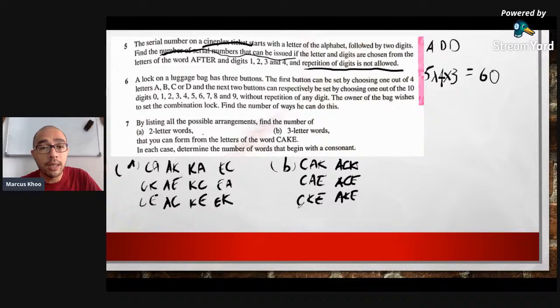Wow, every arrangement is different, right? So this will be C-K-A, C-E-A, C-E-K. Kan? Lebih banyak lagi because C-A-K and C-K-A are 2 different arrangements. So a lot more. Wow. How about this? A-K-C, A-E-C, A-E-K.